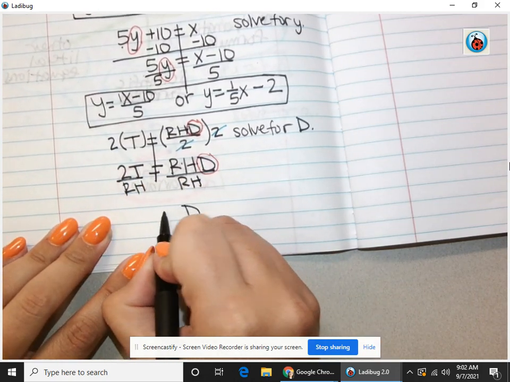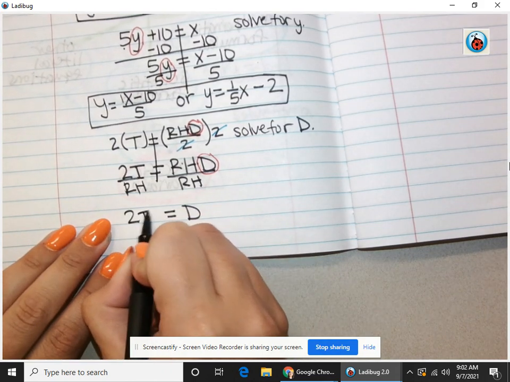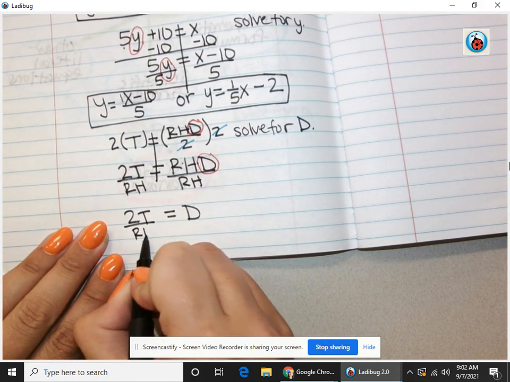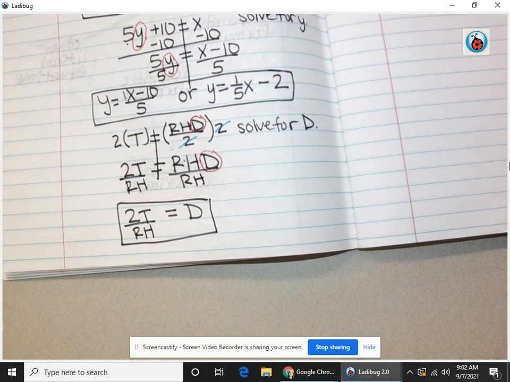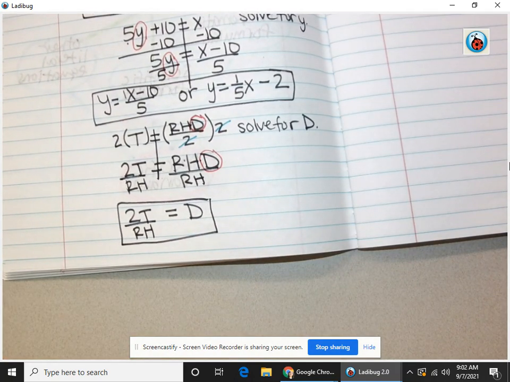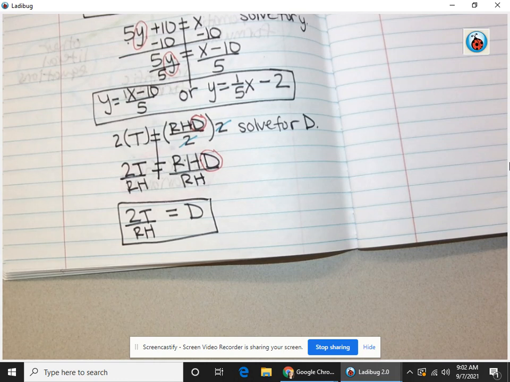So D is equal to 2t over RH. And this one can't be split up because there is not an addition or subtraction sign, so that would just be our answer. Are there any questions? Comments, concerns?